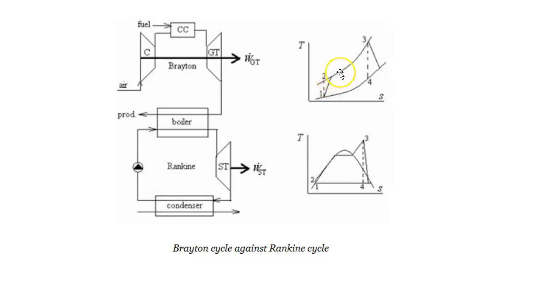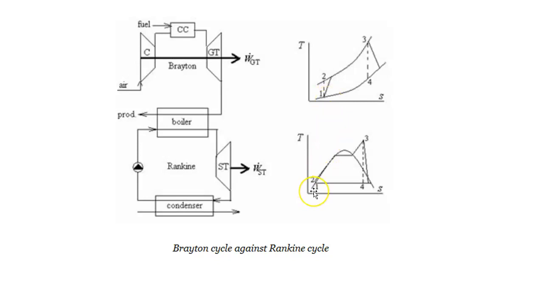At 2, combustion happens at the combustor, and then expansion or work happens. The lines here are theoretical. Actual are the solid lines. And at 4 is our exhaust. So that's what's happening in the gas turbine cycle.